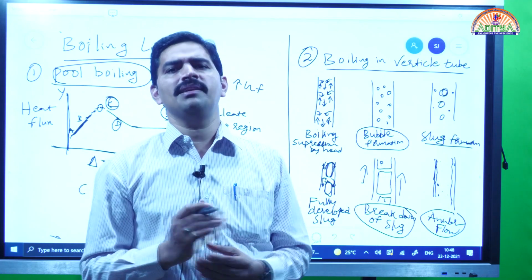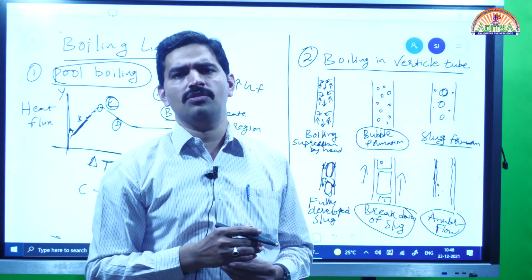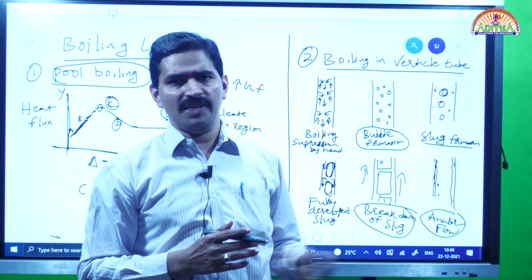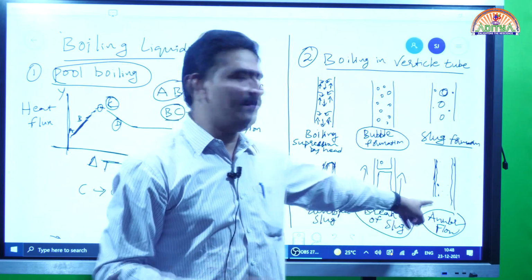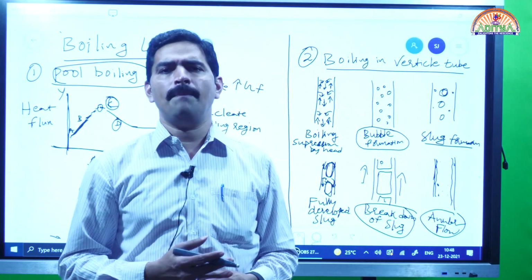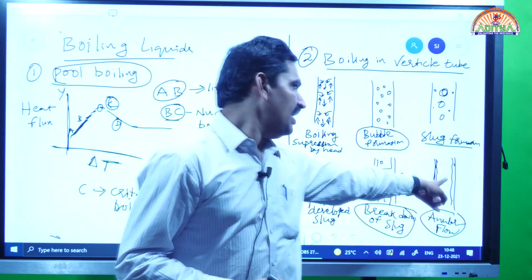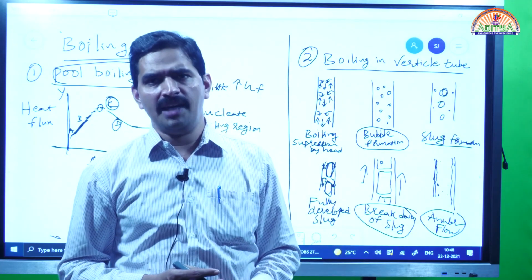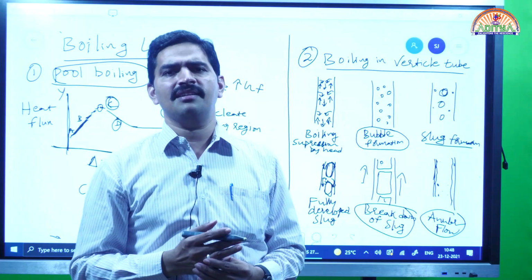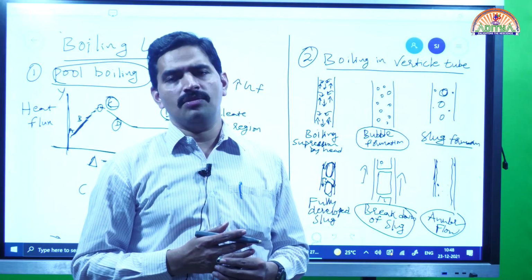Usually the film is a resistant layer for the permeation of heat into the bulk of the liquid. That's why the rate of heat flux is going to decrease at this point. Further, if you supply the heat, the annular film will evaporate and form a dry spot, which is a great resistant layer for the further heat flux into the liquid.